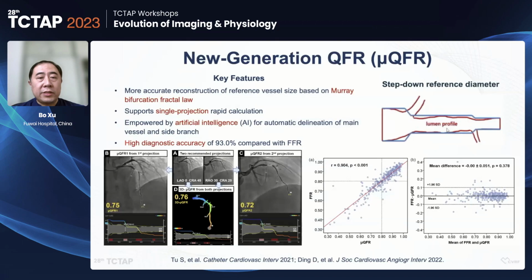The next generation of QFR, so-called muQFR, provides more accurate reconstruction of vessel size based on Murray bifurcation fractal law, can support single projection for rapid calculation, is powered by artificial intelligence, and shows a high diagnostic accuracy of 93% when compared with FFR.